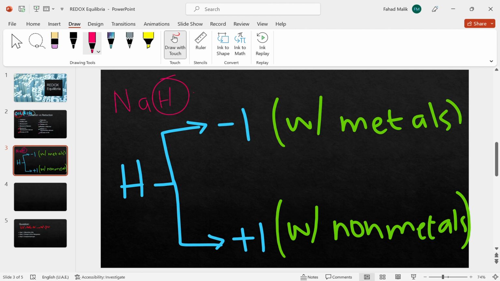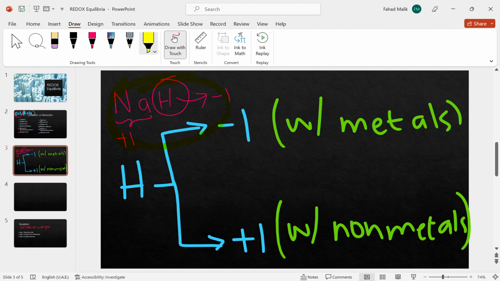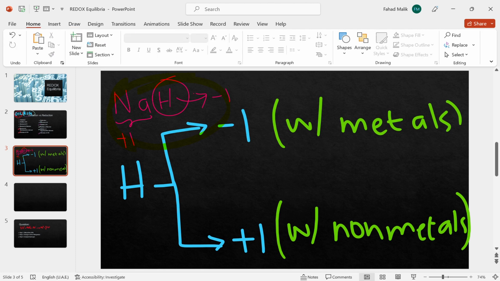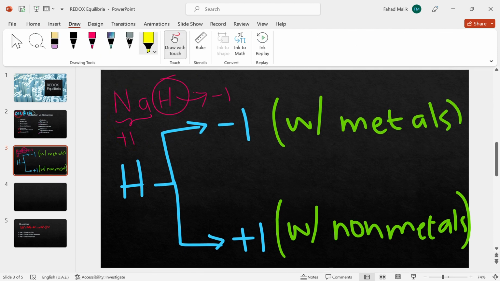Now hydrogen is attached to sodium. What is sodium? Sodium is a metal. So we all know sodium has +1, therefore hydrogen is going to be -1. So that's exactly what we're saying here. It's basically understandable, right? If you just know this example, you'll understand it yourself.